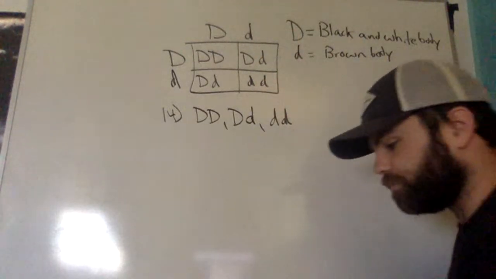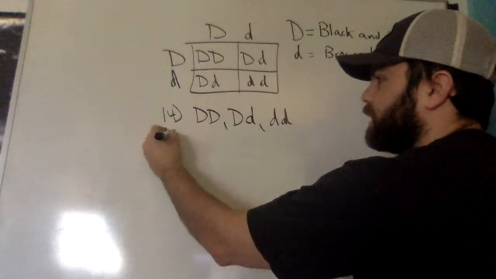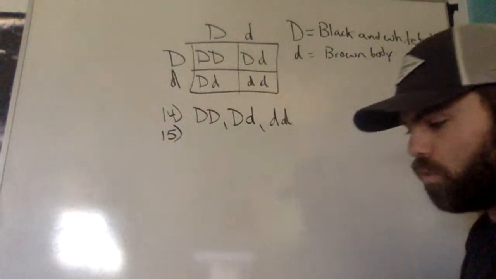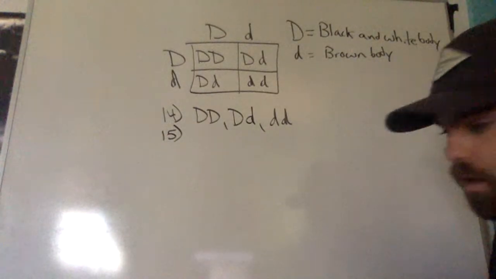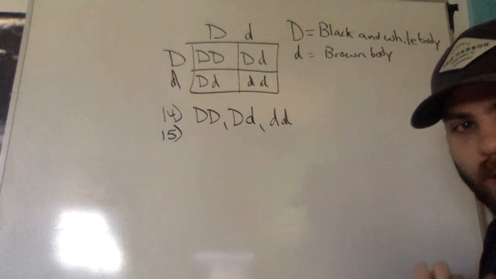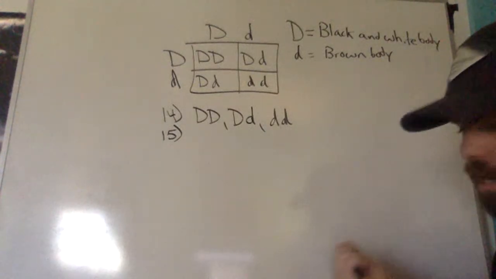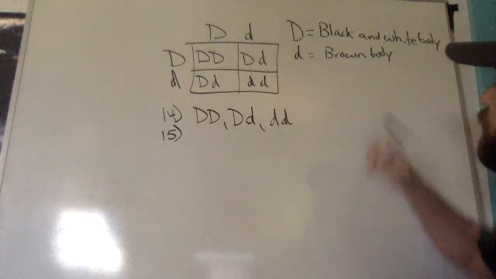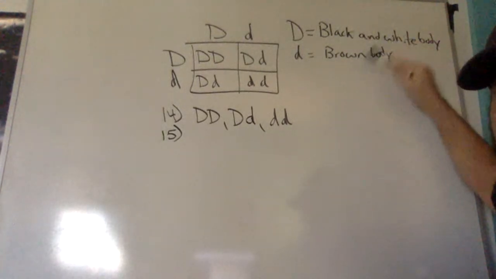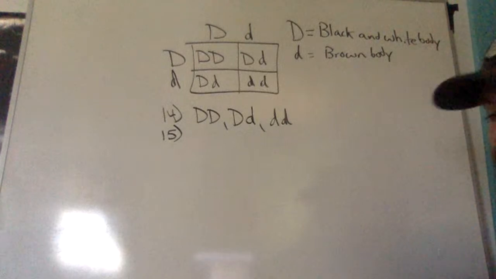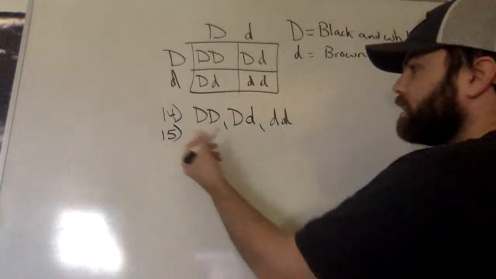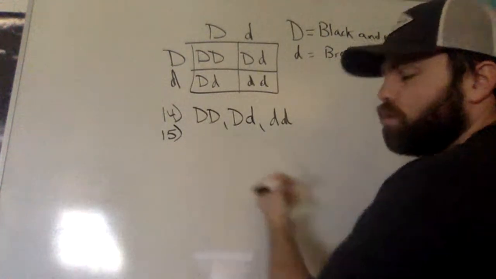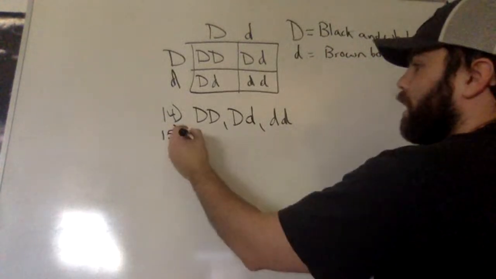So that's number 14. Now, number 15 is asking what is the phenotype of the 4 offspring. Remember, when we're talking about phenotype, we're talking about the actual physical characteristics. So you're either black and white or brown body. For 2 capital D's, that's going to be black and white.